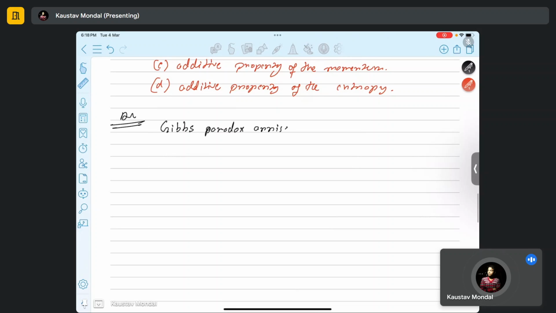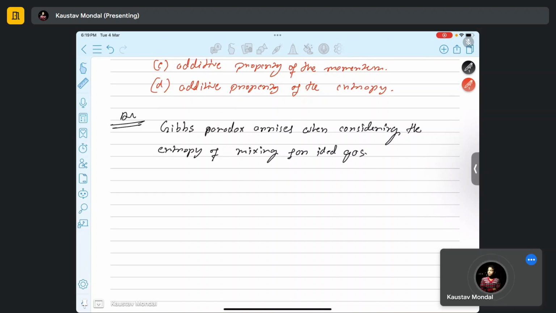We all know that the Gibbs paradox arises when considering the entropy of mixing for ideal gas, right? So what happens here basically?